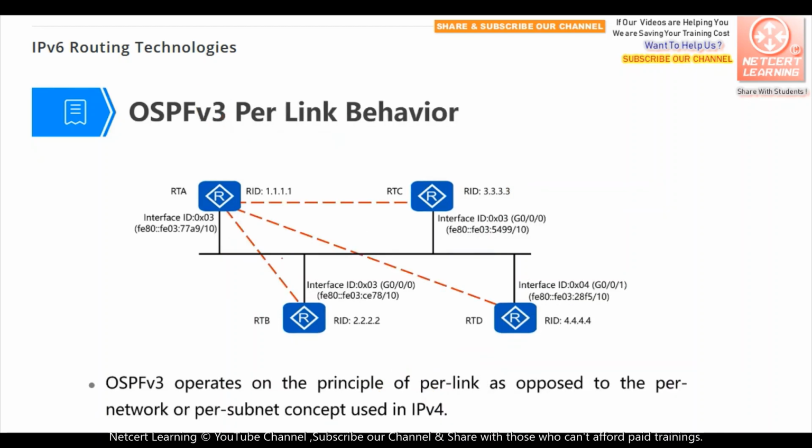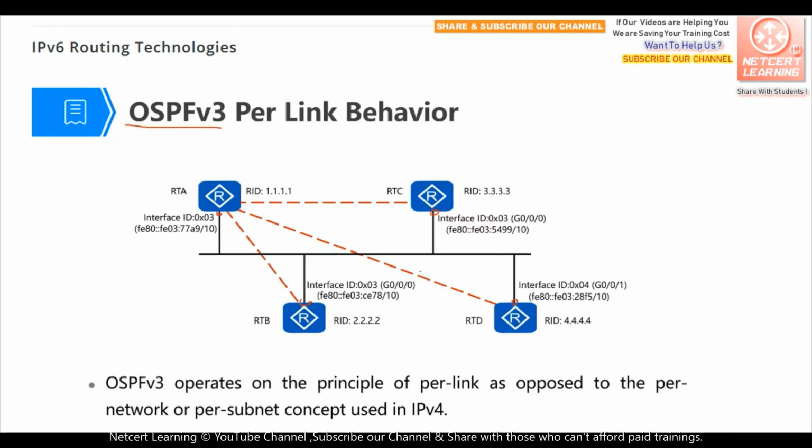Okay, another difference for OSPF version 3 is that it operates on the principle of per link as opposed to the per network or per subnet concept used in IPv4. We know in an IPv4 network, if we are running OSPF, the interfaces of these routers must be in the same network so that they can run OSPF successfully.